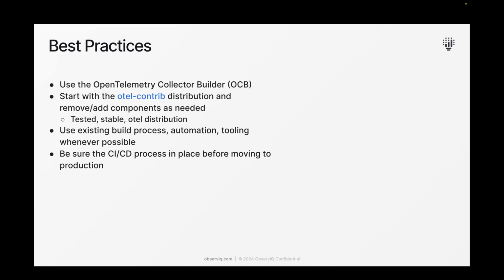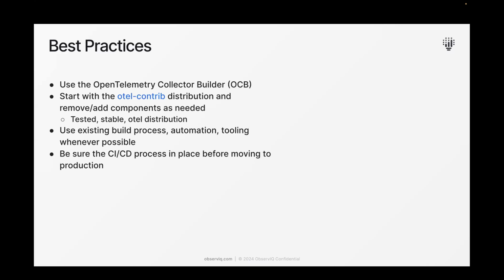The further you deviate from that, the more likely you're going to run into issues or incompatibilities, or get further behind, or there might be something in the build process or the components that doesn't work the way you expect. So stay as close to the standard process as possible, and then pull away the way that OpenTelemetry is intended to be decomposed or composed, depending on what you need.